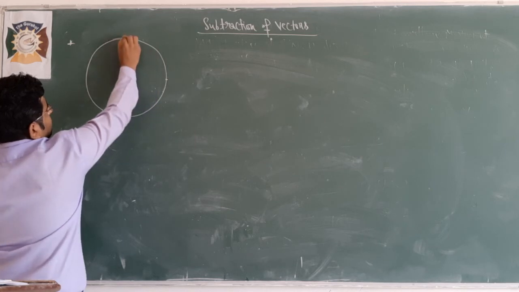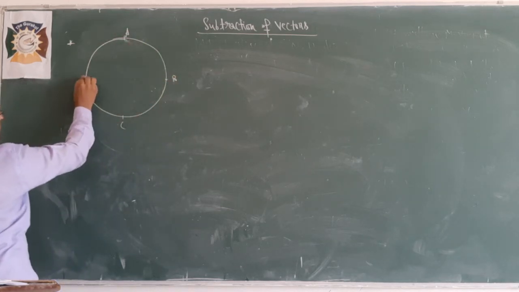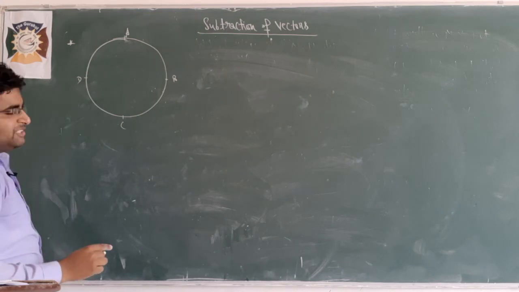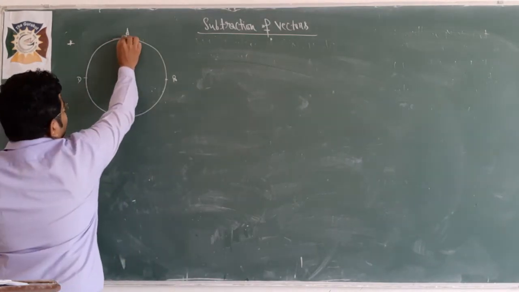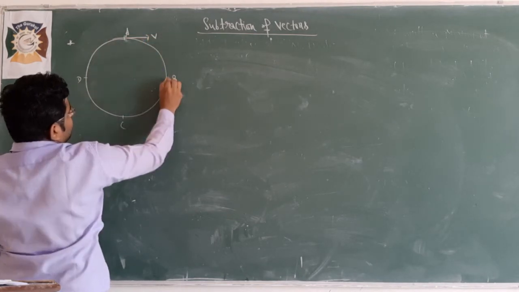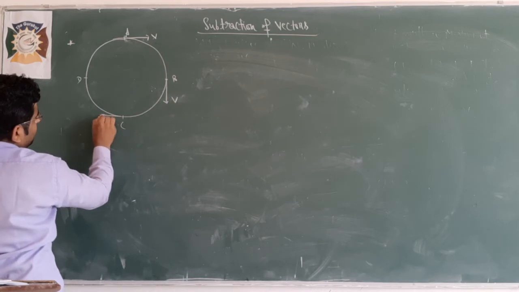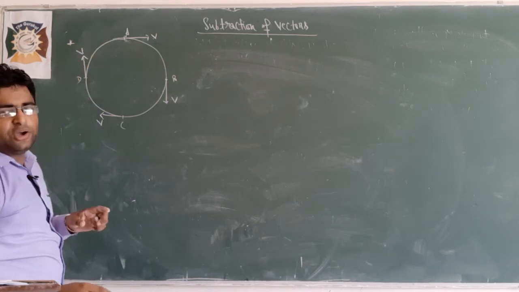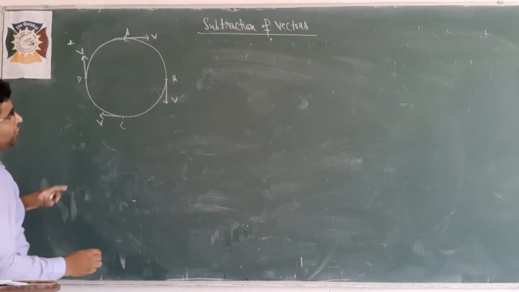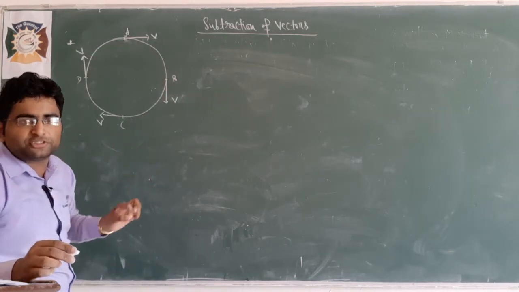Here A, B, C and D. But it is a case of uniform circular motion, I have supposed. It means here the speed is V, V and V. But what you have to calculate? When you go from point A to B, then calculate the change in velocity.